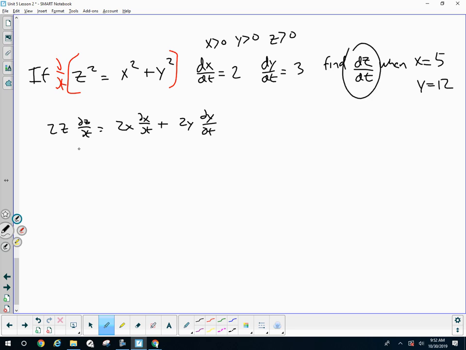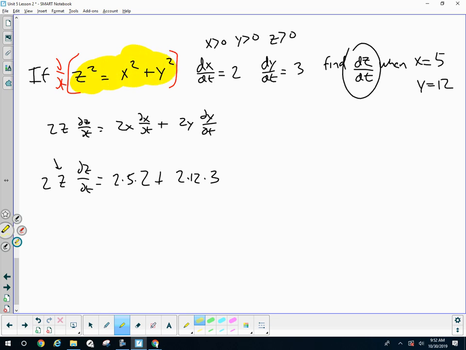Let's plug in the information. dx/dt is 2. x is 5. dy/dt is 3. y is 12. I got one piece of missing information, z. Let's find z when x is 5 and y is 12.